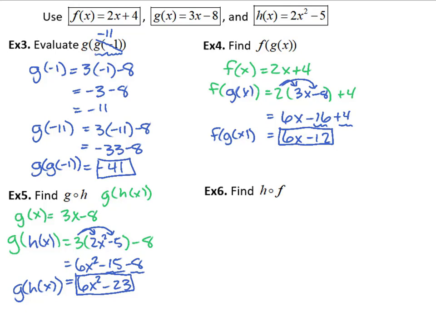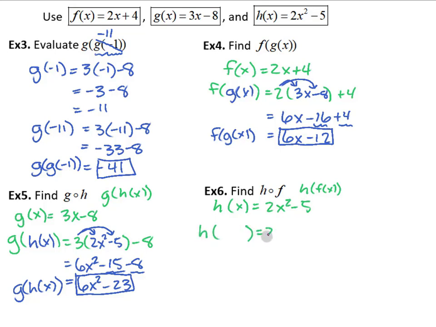Okay, last example here. This one's going to be a little more painful. This time it's asking me to do h of f. So just like we read it out loud, h of f. And if they don't specify a number to plug in, it just means of x or whatever variable. So again, we'll start with the outer function h, which is h of x, 2x squared minus 5.